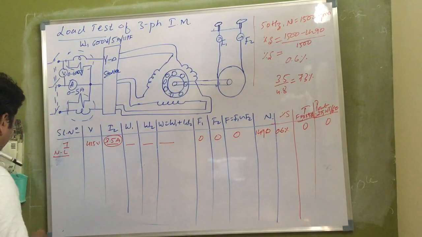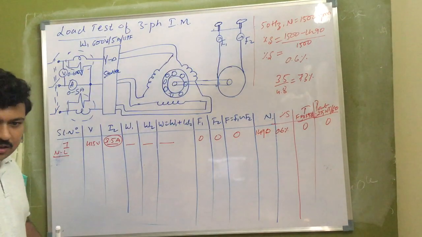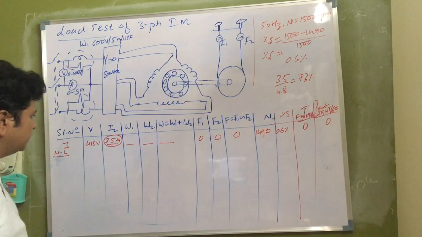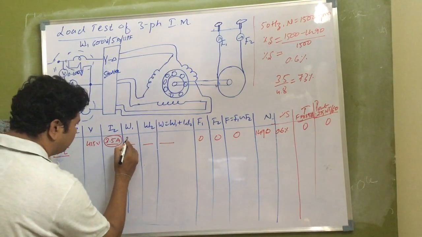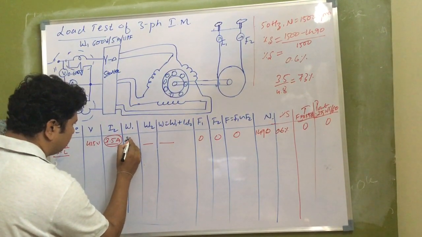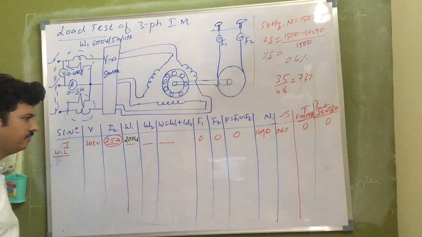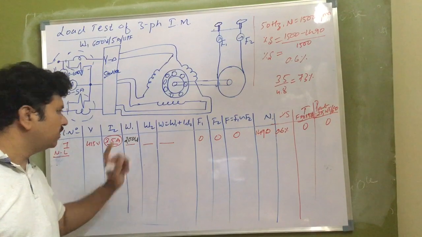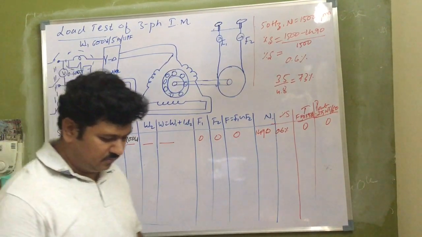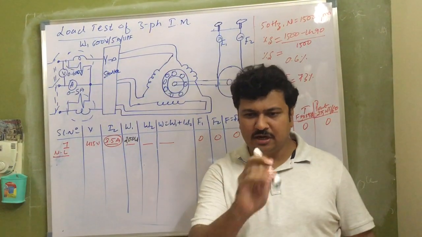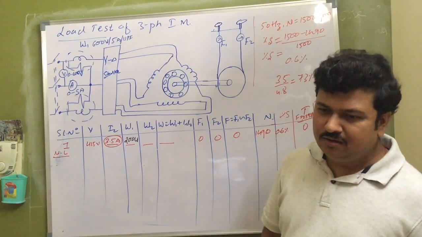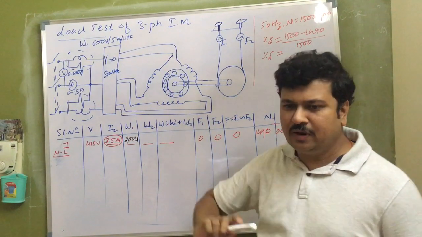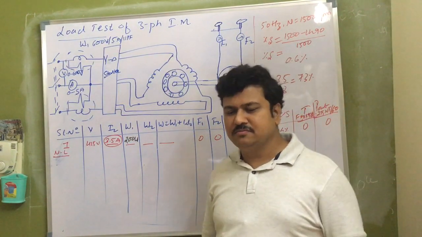If you observe the wattmeter readings, one may read some 200 watts. You will not be able to read the second wattmeter. Why? Because one of the two wattmeters will kick back.